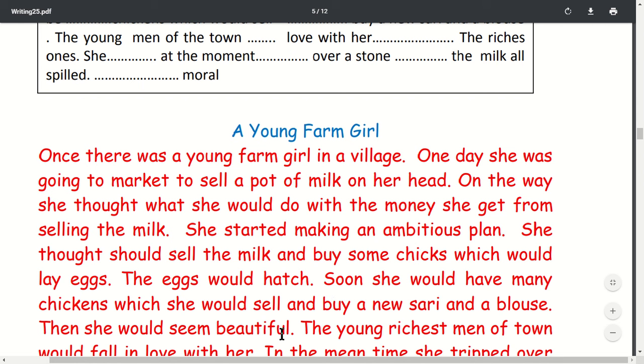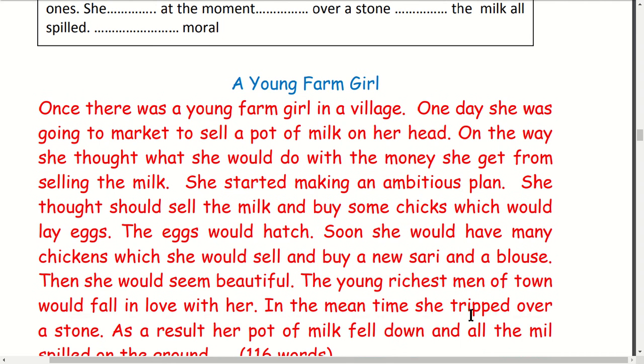Then she would seem beautiful. After wearing the sari and blouse, she would seem beautiful. And what would happen after that? The young richest man of the town, not of the village here, would fall in love with her.